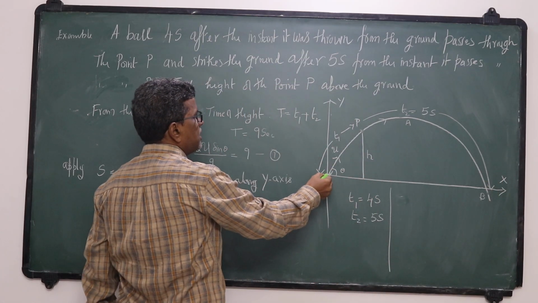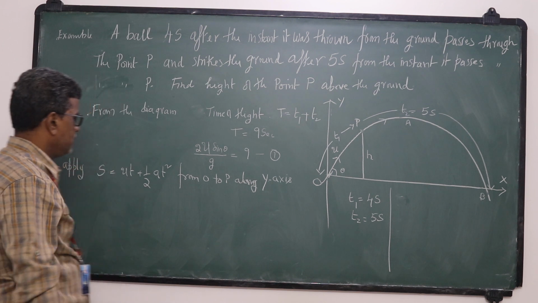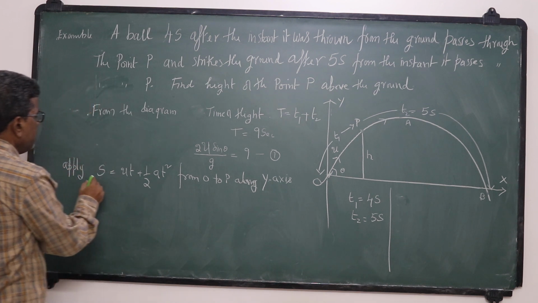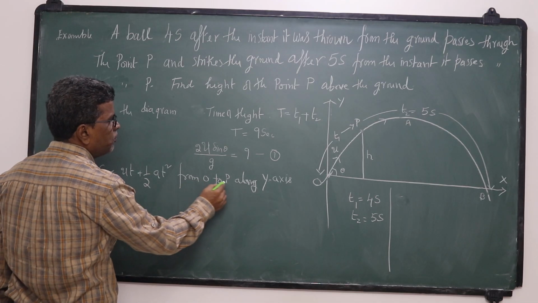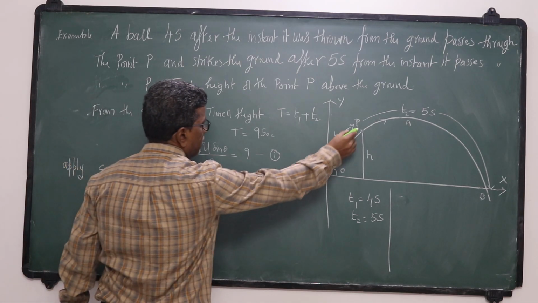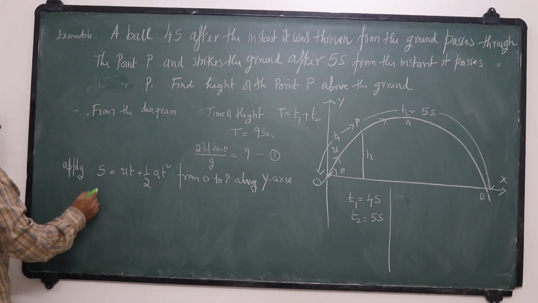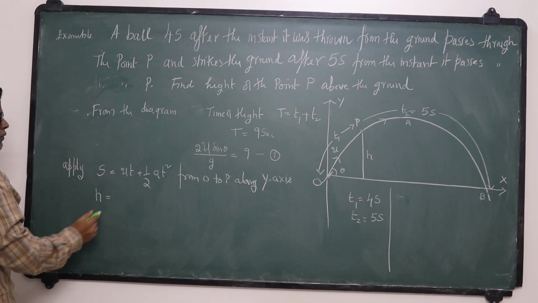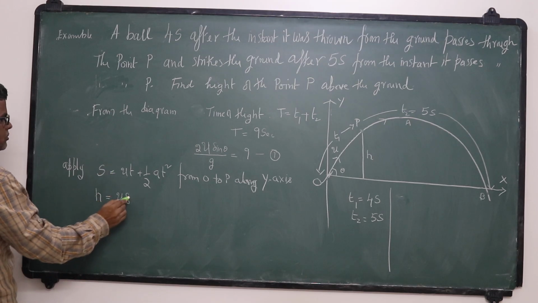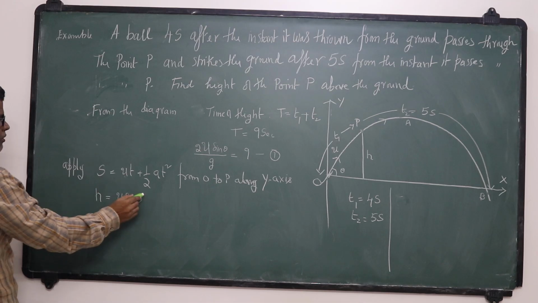So the vertical displacement is h. The initial velocity in the vertical direction is u sine theta, into t.